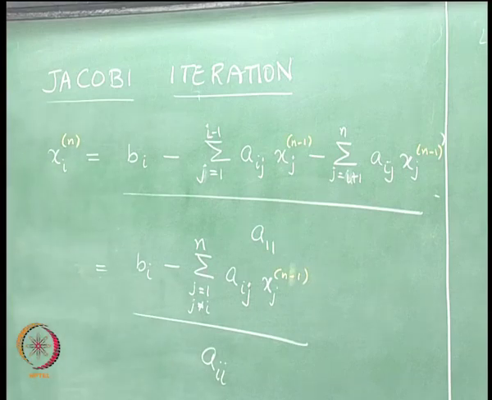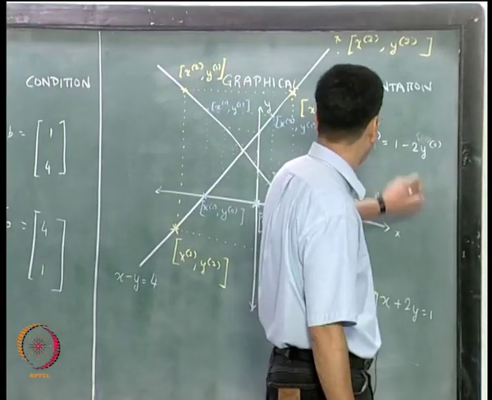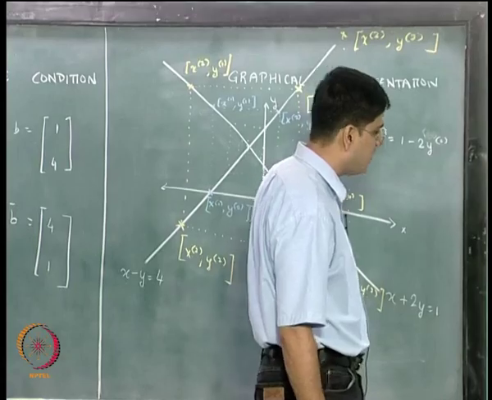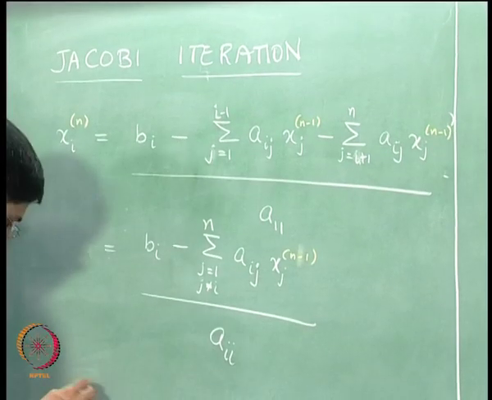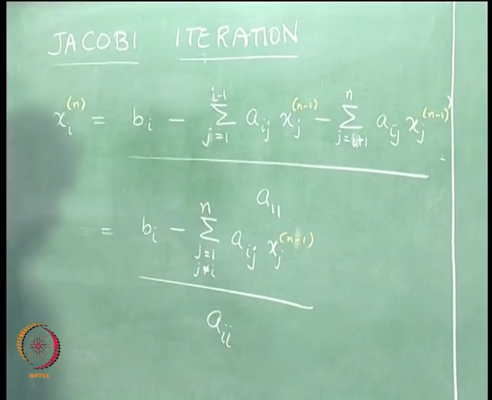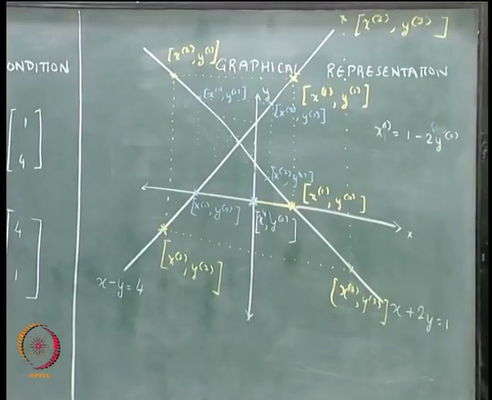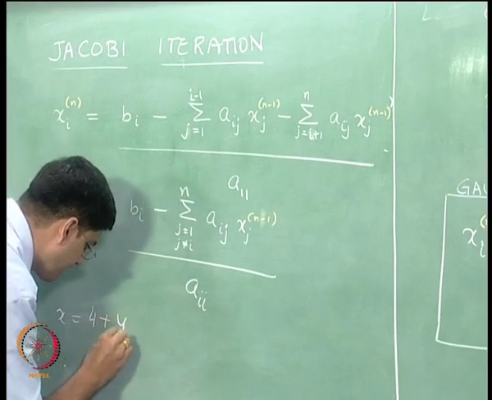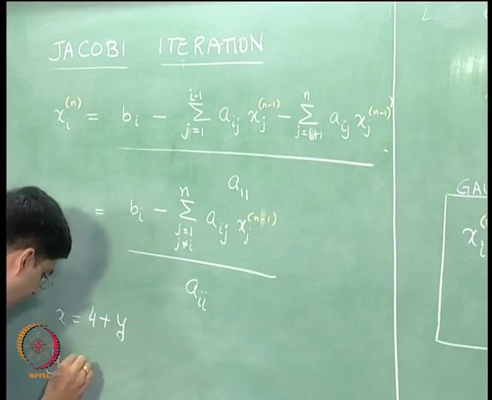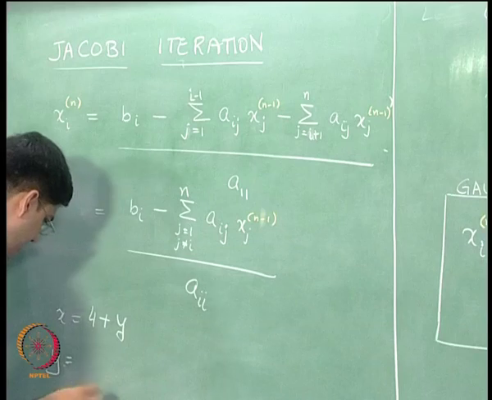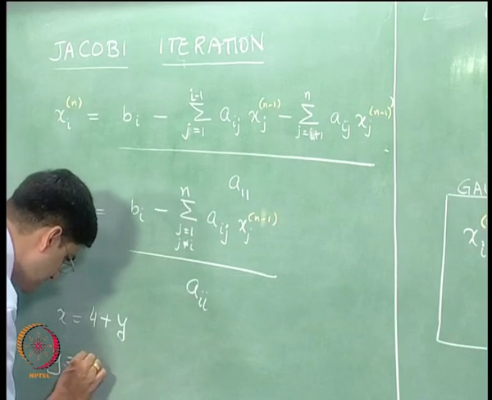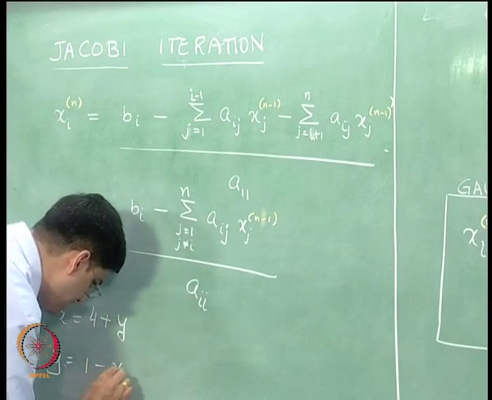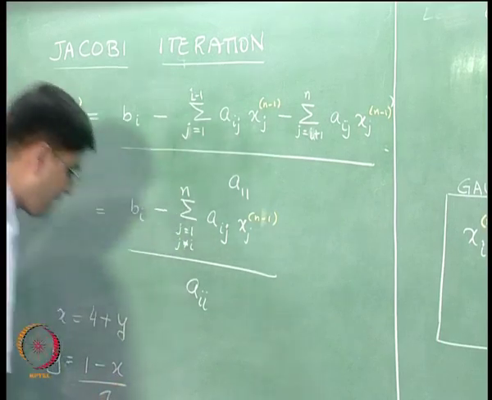Okay. And to go back to the previous example of x minus y equal to 4 and x plus 2y equal to 1, we will write those equations as x... Okay.